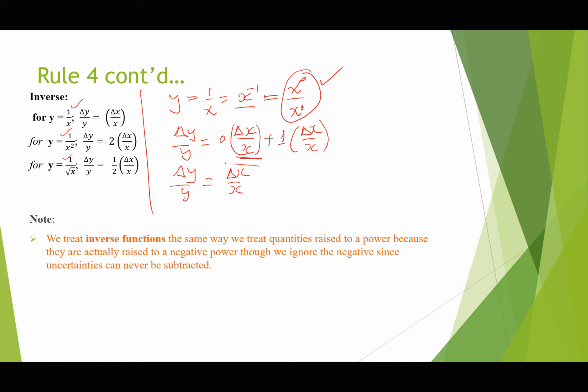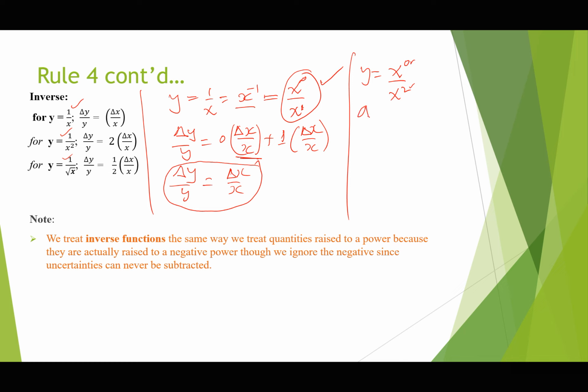So if it is 1 over x, the fraction uncertainties are going to be expressed like that. You can also predict that for y equals 1 over x squared, y is equal to x power 0 divided by x power 2. Now you treat this as division. When you are dividing, you add the fraction uncertainties, but again they are powers. When you have powers and you are dealing with fraction or percentage uncertainties, you multiply the powers by the fraction or percentage uncertainties.